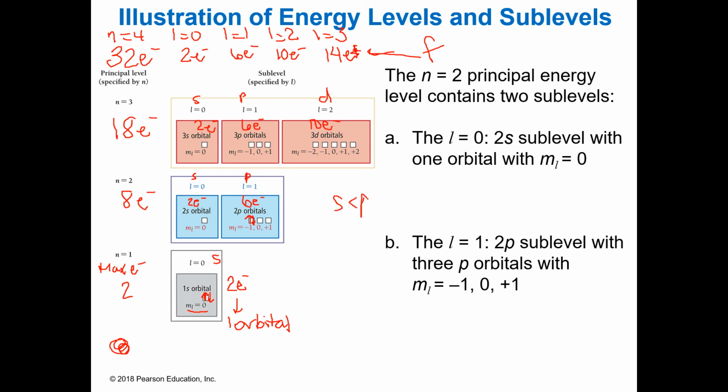So it goes S, P, D, and F. So that means when we start filling shells, we're going to fill the S first because it's the least energetic. So this is increasing energy. And we always put our electrons first in the least energetic places. So we'll start with shell number 1, then shell number 2, but we'll start with the S subshell, then the P subshell, etc.